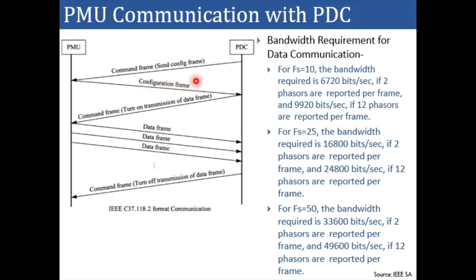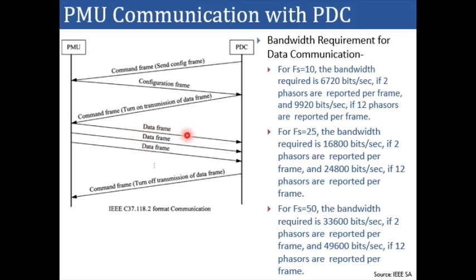In return, PMU will send a configuration frame to PDC, and then when it gets the configuration information, PDC will send the command frame again to turn on the transmission of the data frame. After receiving the command from PDC about sending the data frame, PMU will start sending data frames.